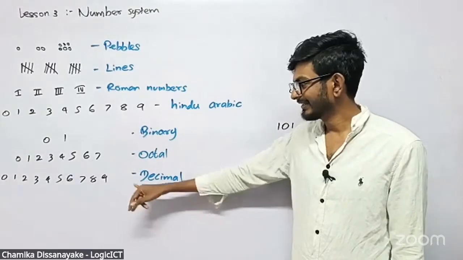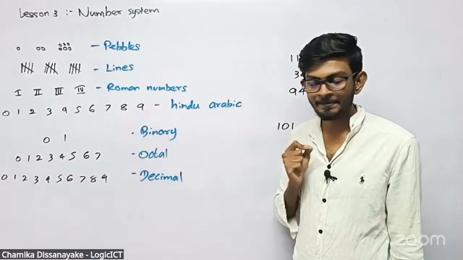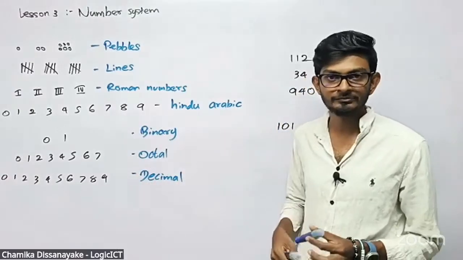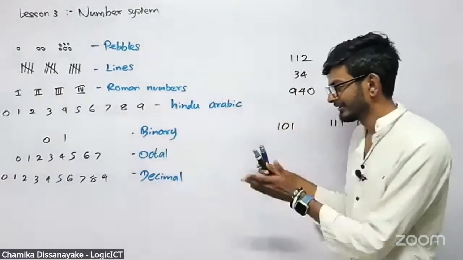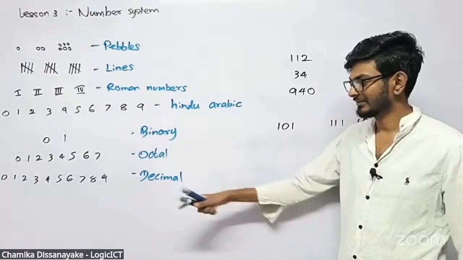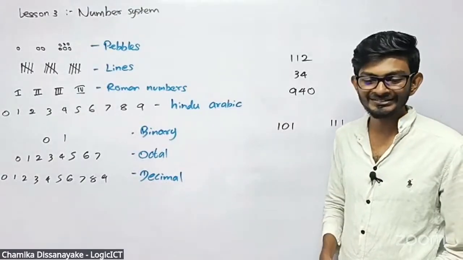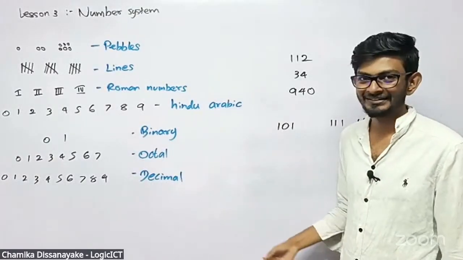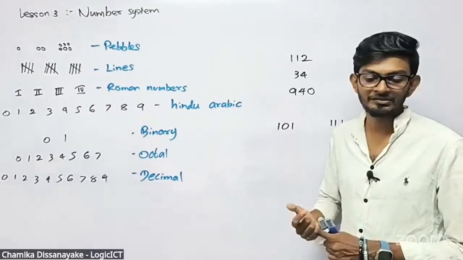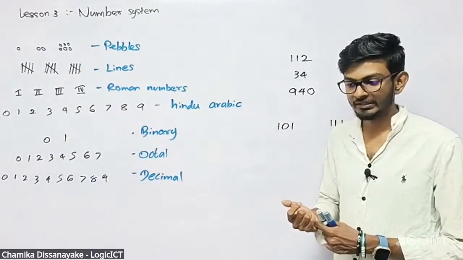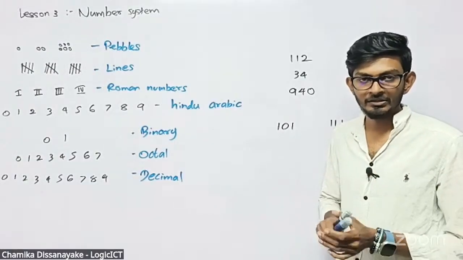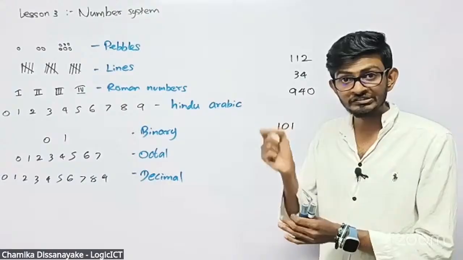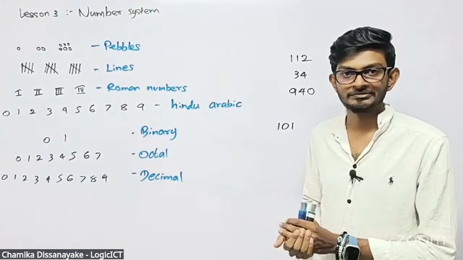So then the last one, guys. Last one is hexadecimal. The name is hexadecimal. I'm not going to write it in the beginning. I will write the symbols first and then the name. Hexadecimal means 16. That means we should have 16 different symbols.